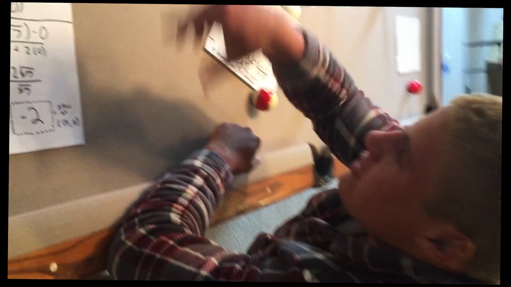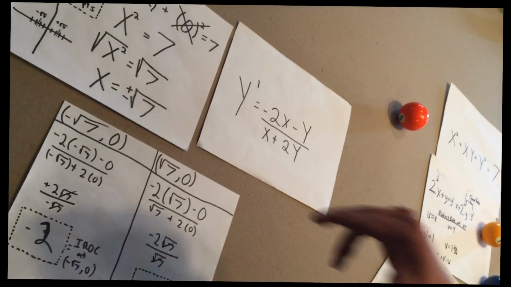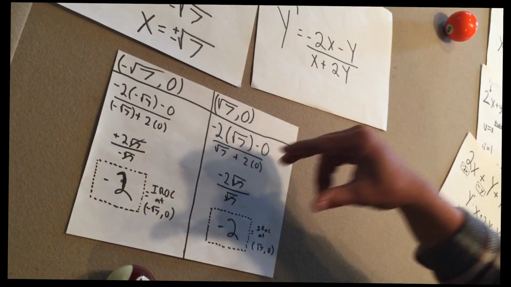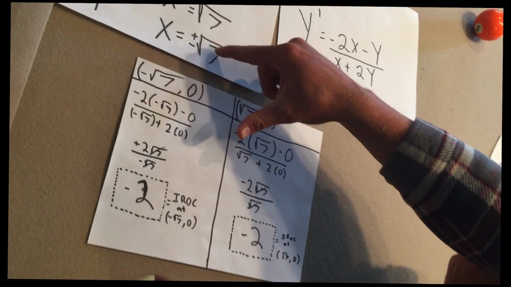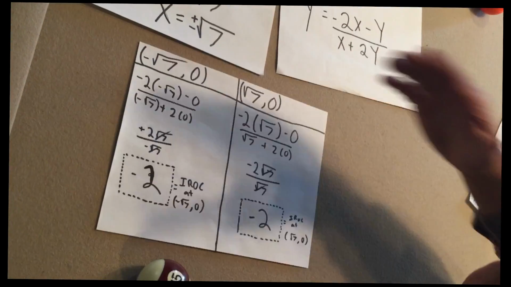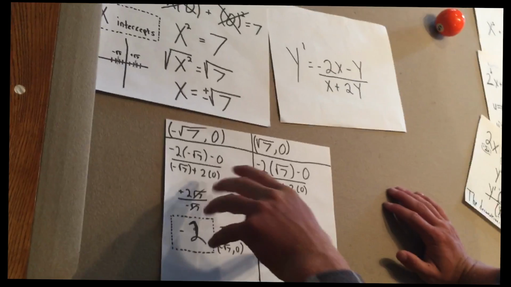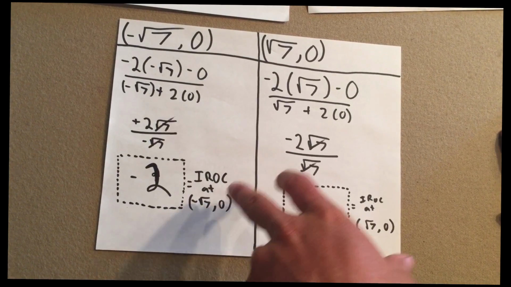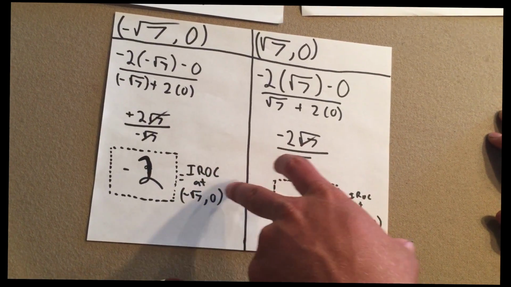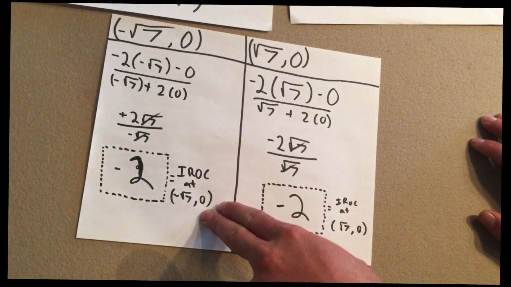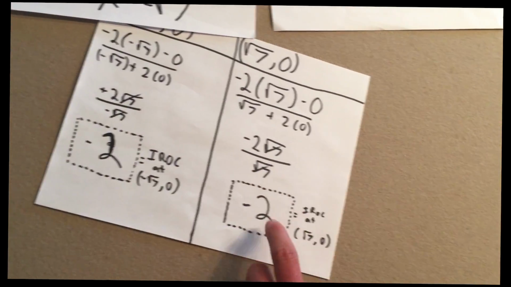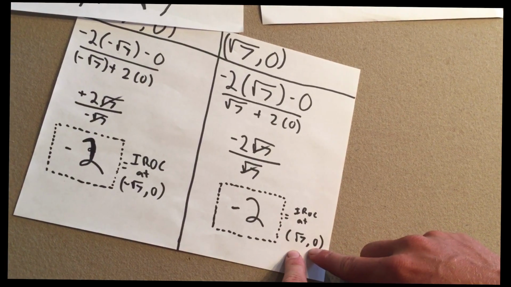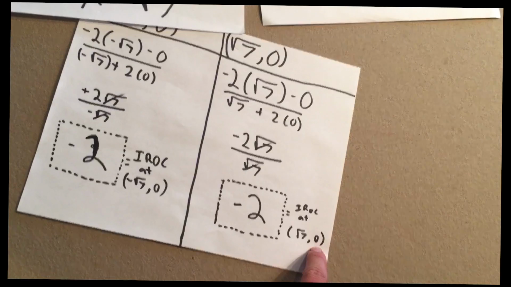All right, now that we have the derivative, we can plug the x-intercepts into our derivative equation. So we have plus or minus square root 7 that we found for our x. We plug them into these two equations here, and we get the instantaneous rate of change at negative root 7, 0 is negative 2, and we also got negative 2 at root 7, 0.